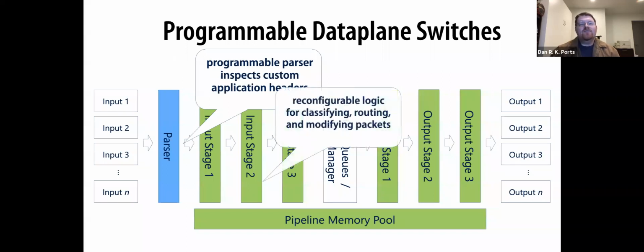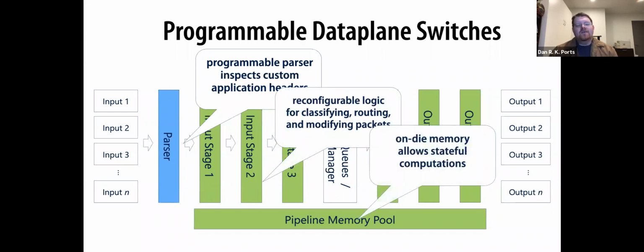And we can reconfigure the logic in this pipeline, which is a number of stages. Each of them is capable of classifying packets and performing some kind of ALU operations, which lets us change the way that packets are routed and modified. And finally, we've got an on-die memory that lets us do stateful computations across packets, although it's not very large.